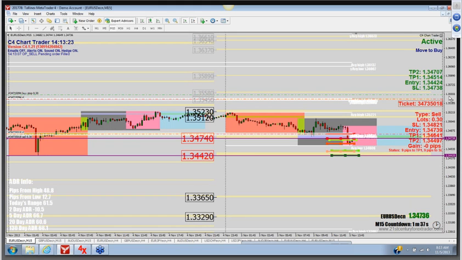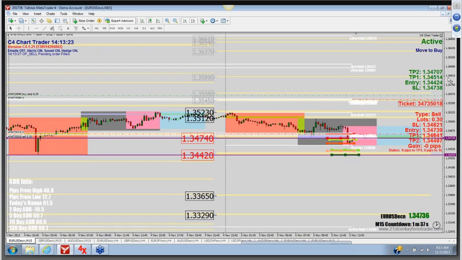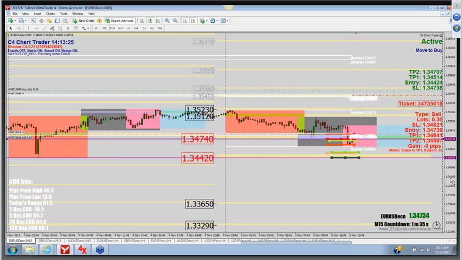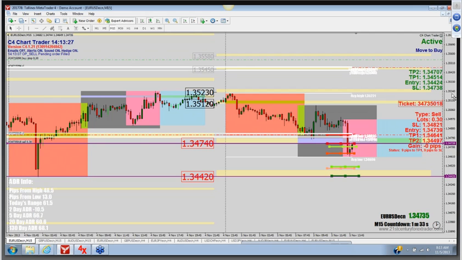I think I should have reset that chart to enter my buy. Yeah, it somehow is picking up this, unless it's hiding behind here. There it is. There's my stop loss. There we go.